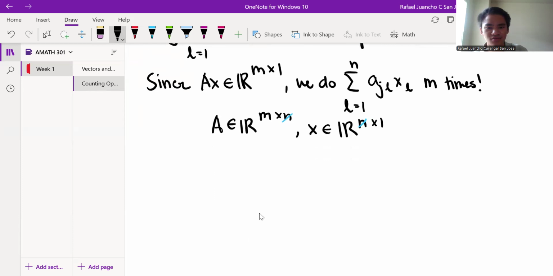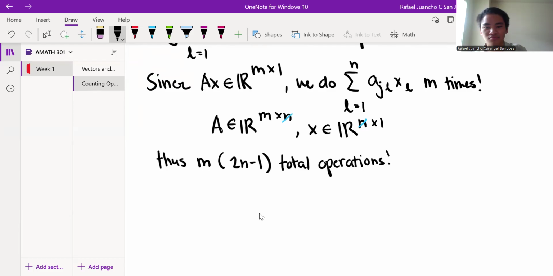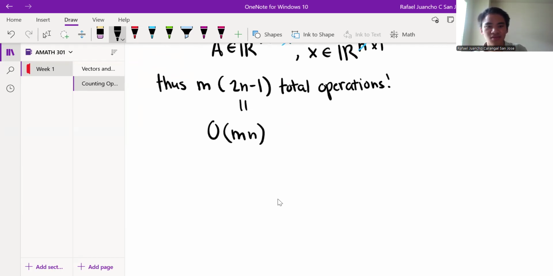Thus, m times 2n minus 1 total operations. That's how many times we're doing it. So in big O notation, this is just O of m times n. That's the dominant thing, right?